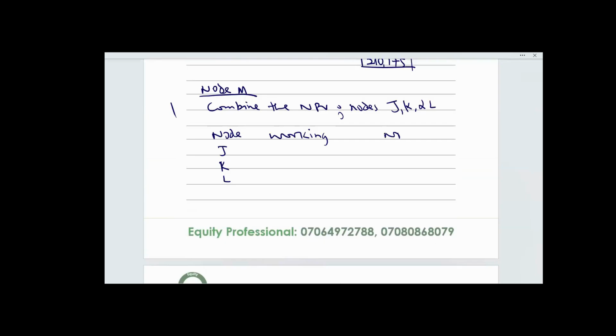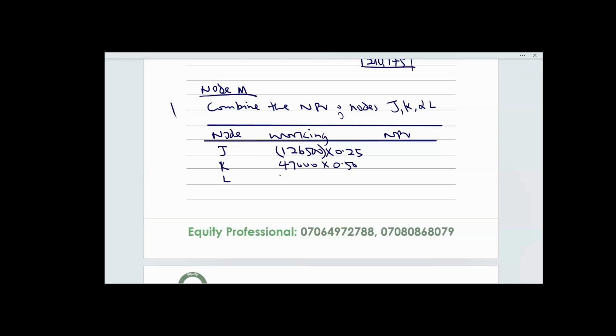What do you say is the expected value for J? 126,500 negative, multiplied by 0.25. Then K, 47,000 multiplied by 0.50.